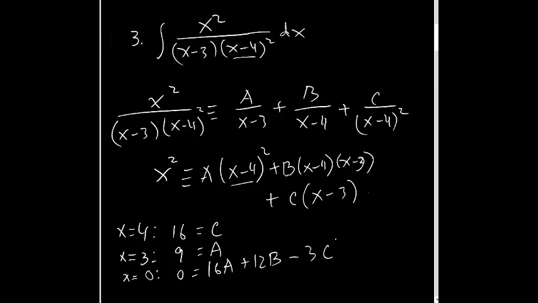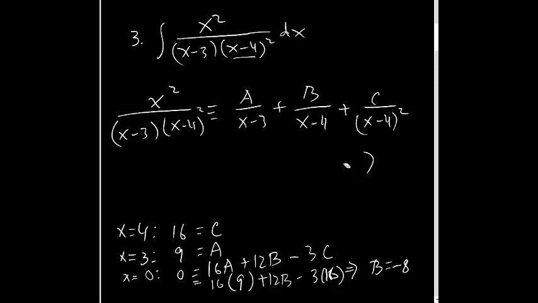So now I have some known values, and from this you can easily find b. To save time, if you multiply 16 times 9 minus 3 times 16 and simplify, you will get b equals negative 8. So we got all three values: a, b, c.